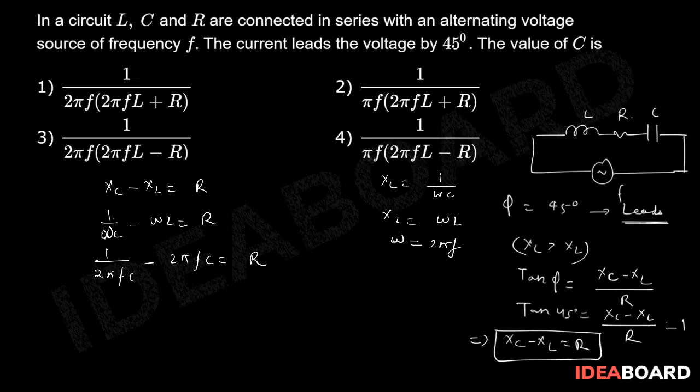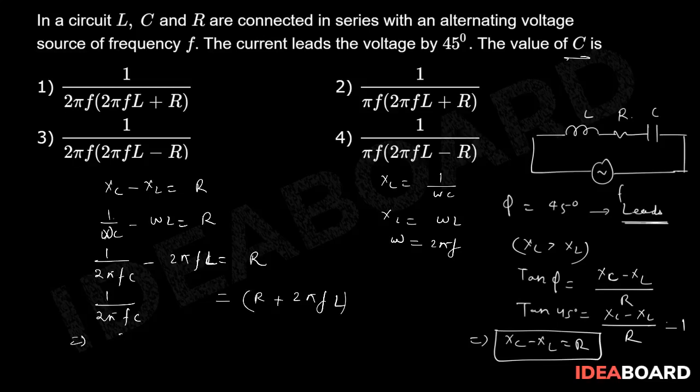Now what do I need? I need the value of C. So let's take 1 upon 2 pi f C is equal to R plus 2 pi f L, right? And now from there I can reverse this equation.